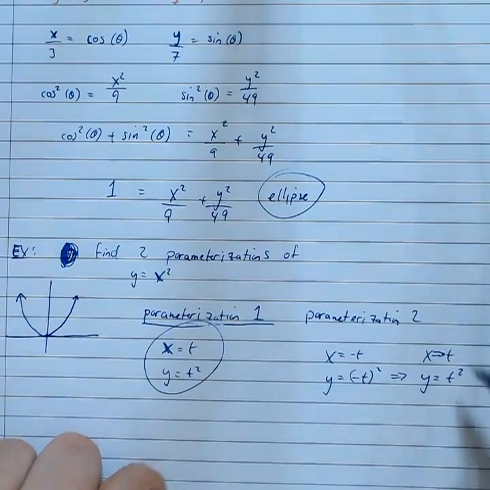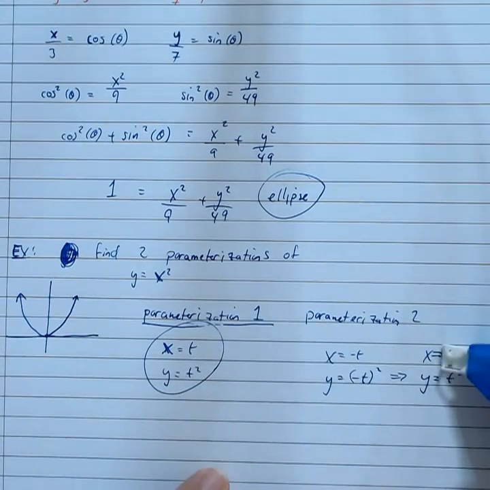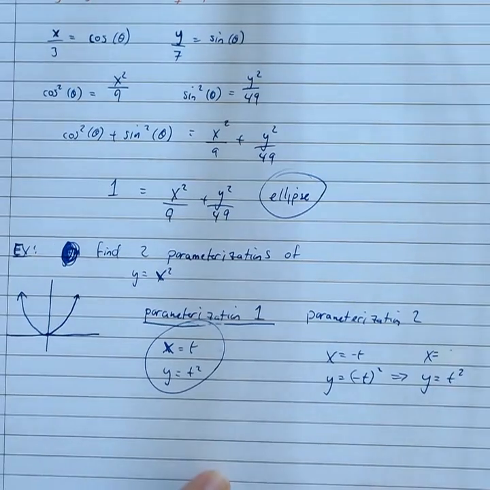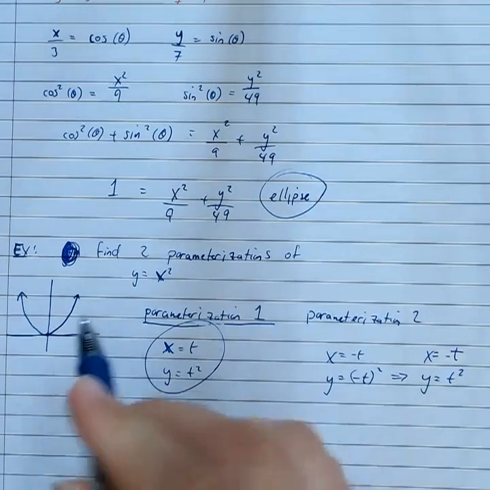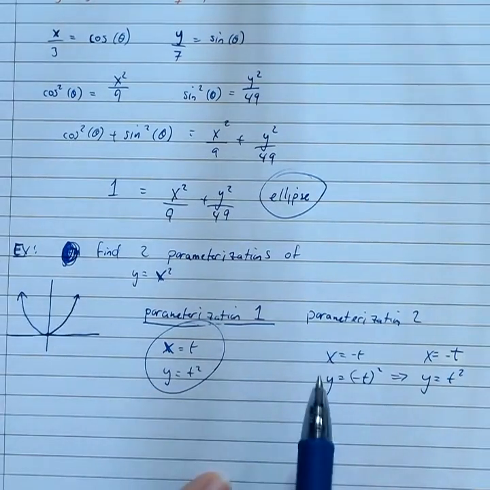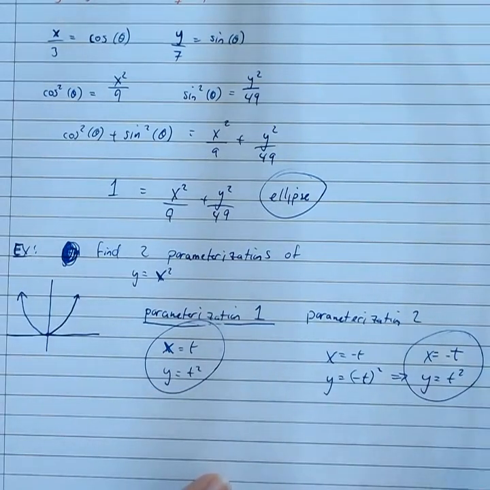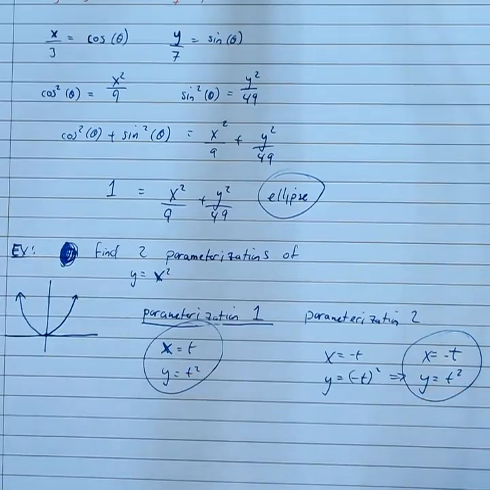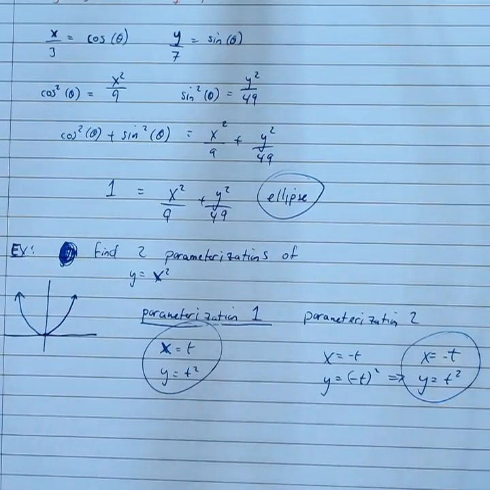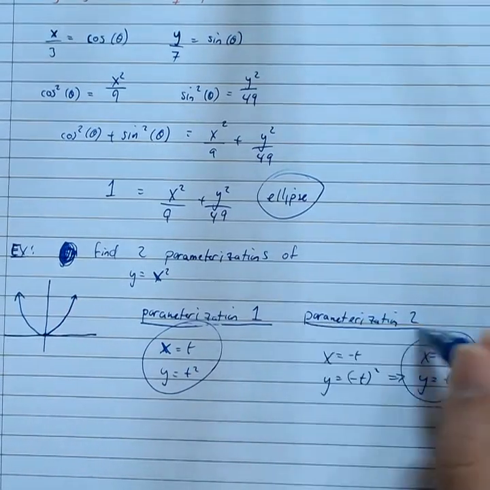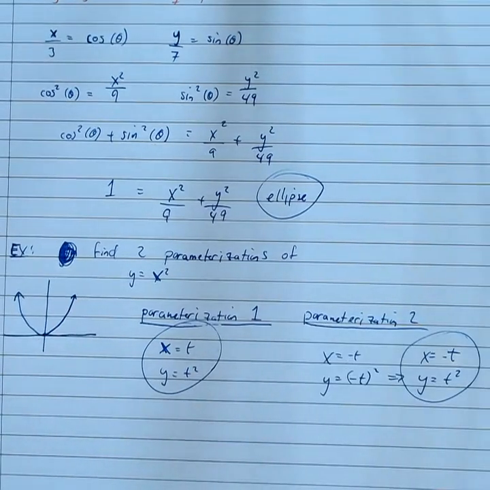Here x equals negative t and y equals t squared. And they both cover the same curve. They both give you this curve when you parameterize them. If you were to start plotting a bunch of points for this one and this one, you would note that they both cover this, but because they're traveling in different directions, they are considered two different parameterizations.